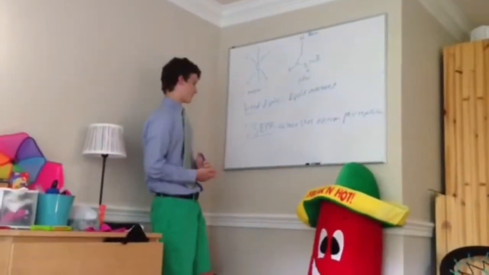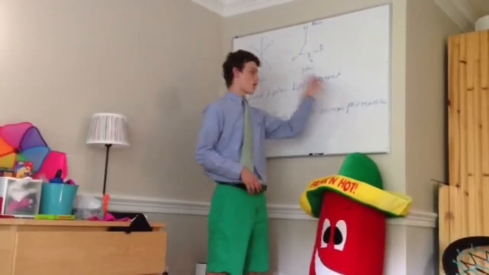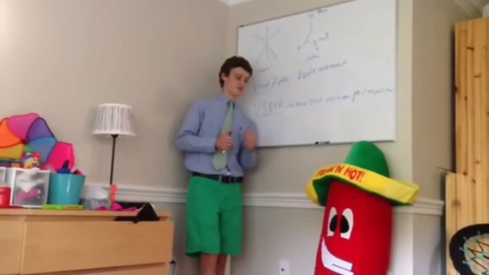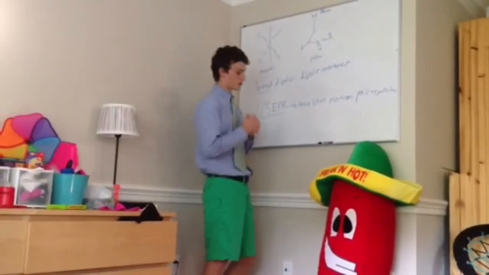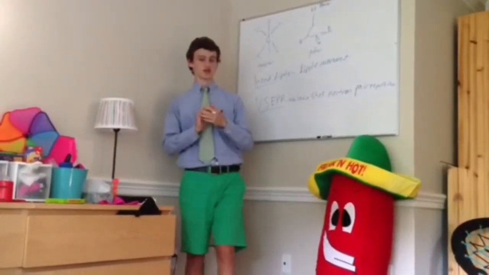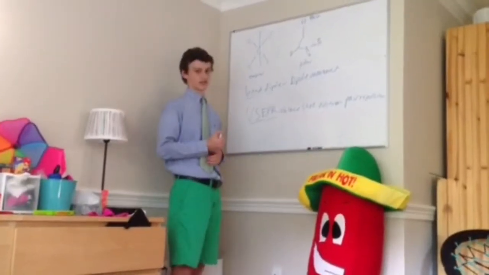Then you have VSEPR. It's a theory of valence shell electron pair repulsion. It is the theory that predicts the geometry of individual molecules from the number of electron pairs surrounding it. That's how the more is polar, less is non-polar.